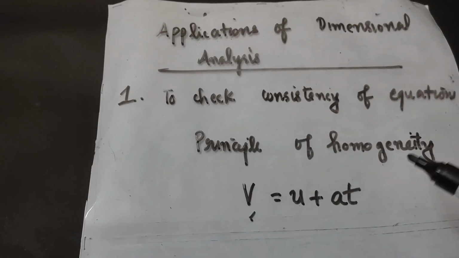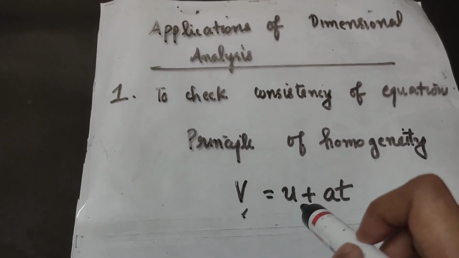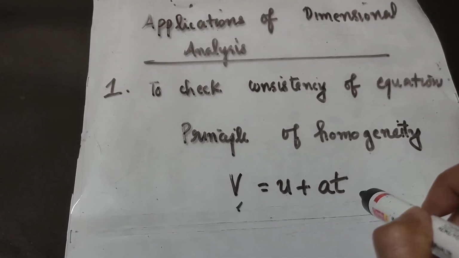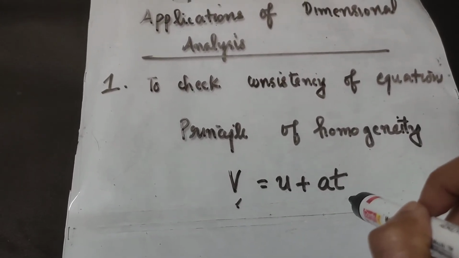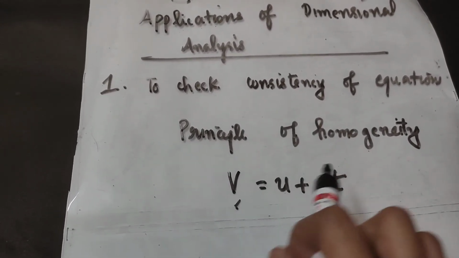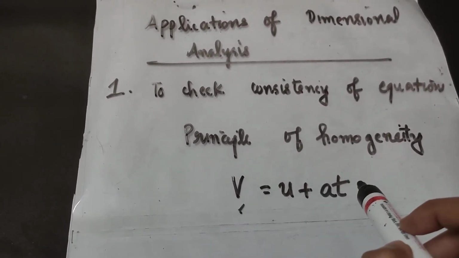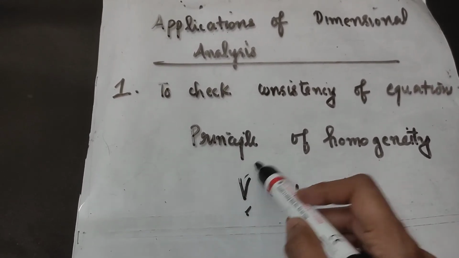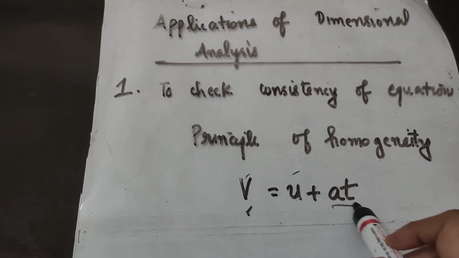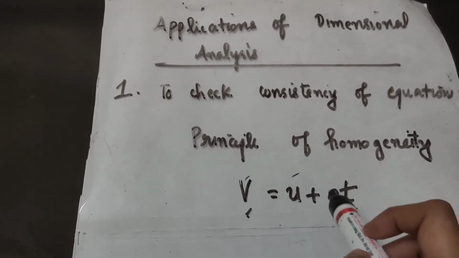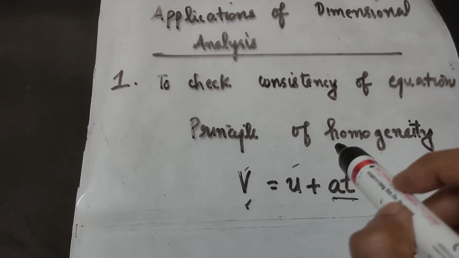And we can use this principle of homogeneity to check the correctness of this equation. If this equation is correct, then we can see that there are three terms involved: one is v, the second term is u, and the third term is a into t.